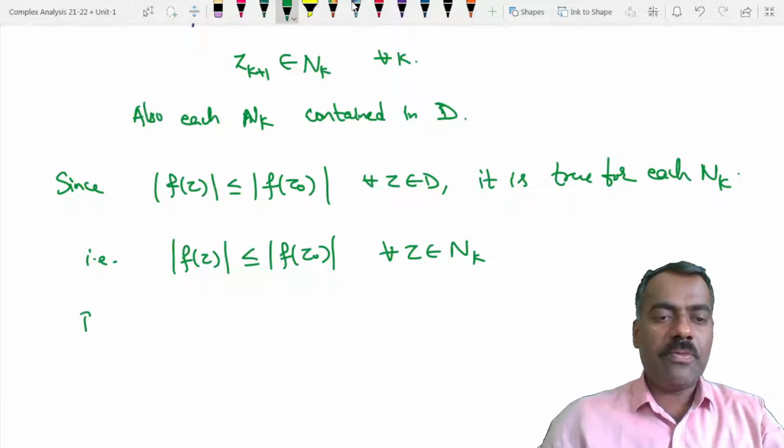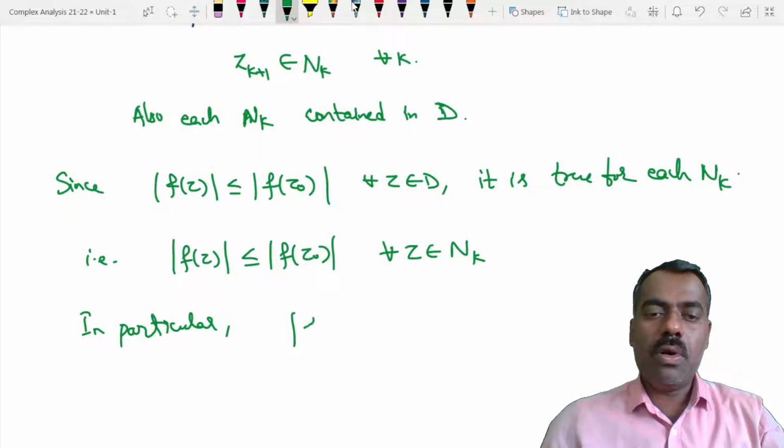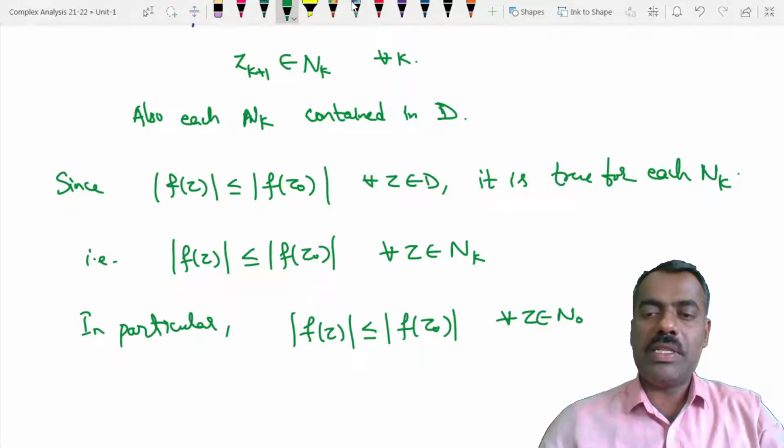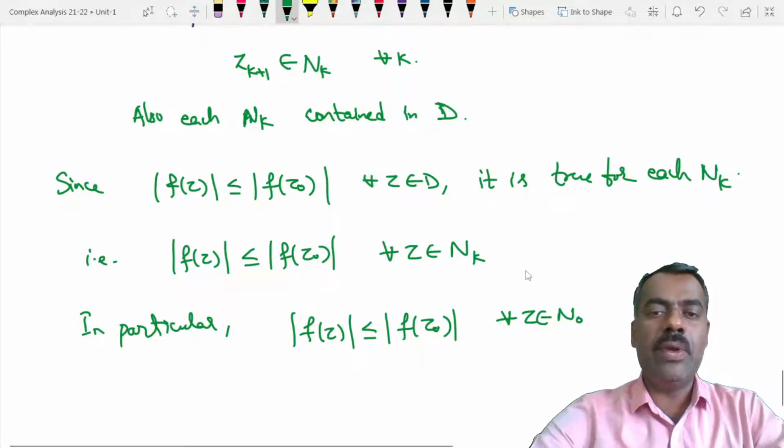So in particular, mod f of z is less than or equal to mod f of z naught for all z belongs to nk. Take k equal to 0, first consider this neighborhood n naught.